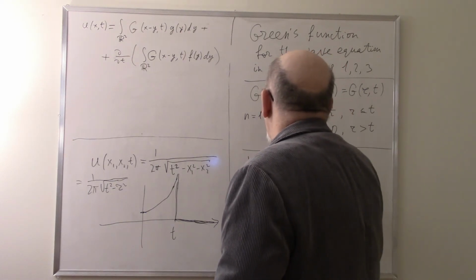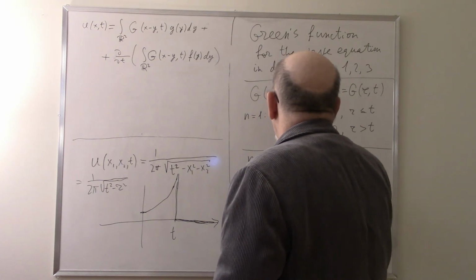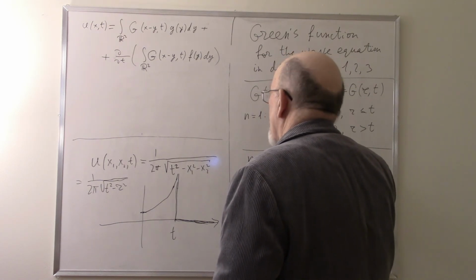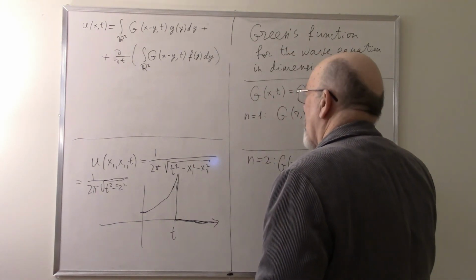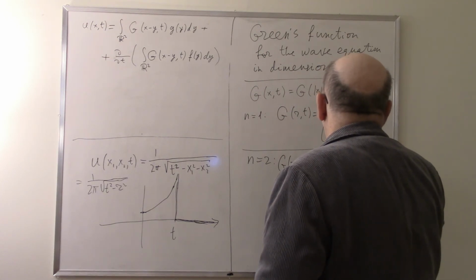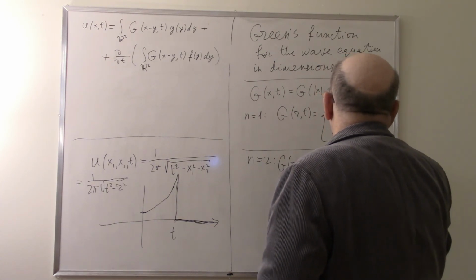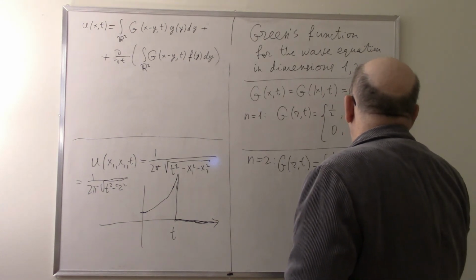N equals 2. G of r, t equals 1 over 2 pi square root of t square minus r square, for r less or equal than t, and 0 for r more than t.